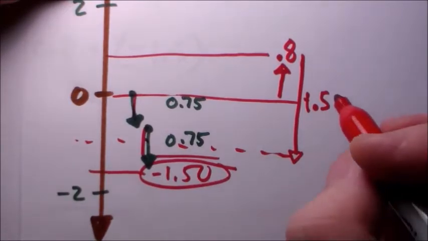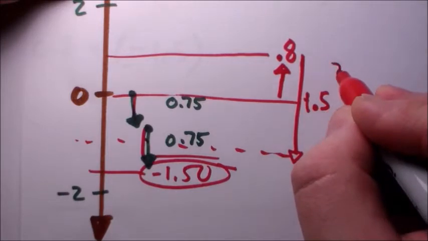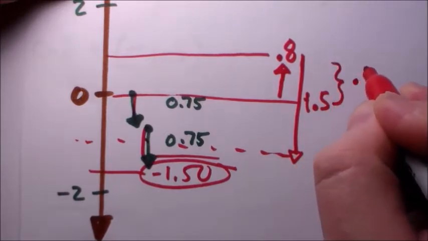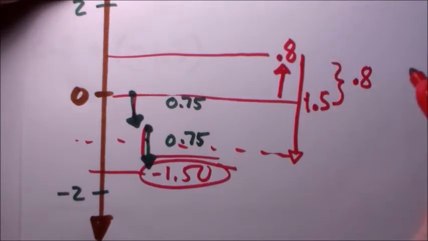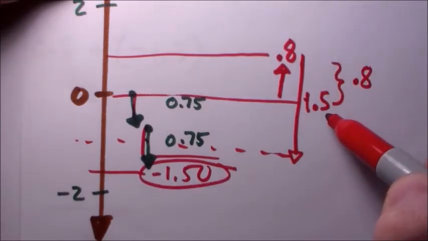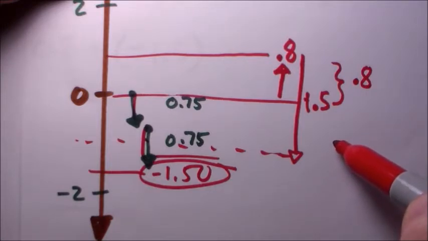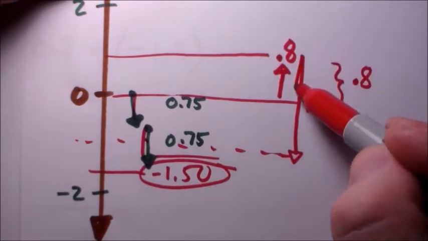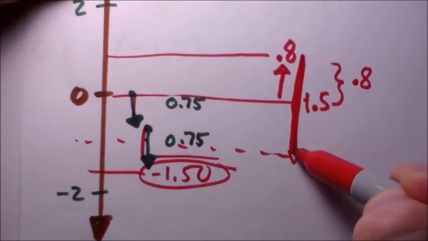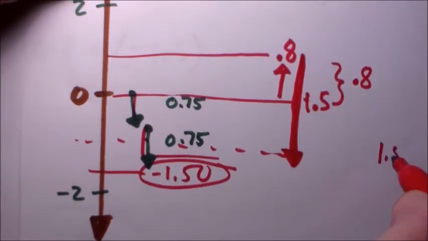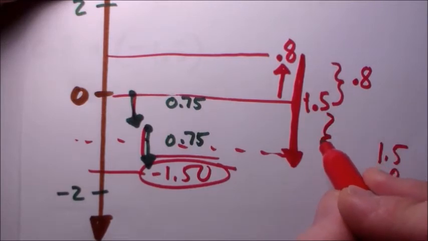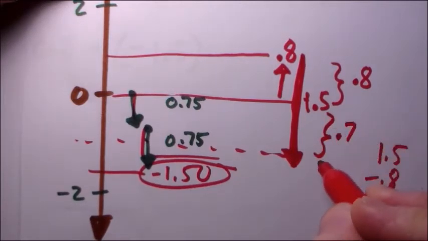Well, as we know, the first 0.8 of this 1.5 will be used to get back to 0. So how much of this negative 1.5 do we have left? What's 1.5 minus 0.8? We do that, we get 0.7. So we know we have 0.7 left to go negative.